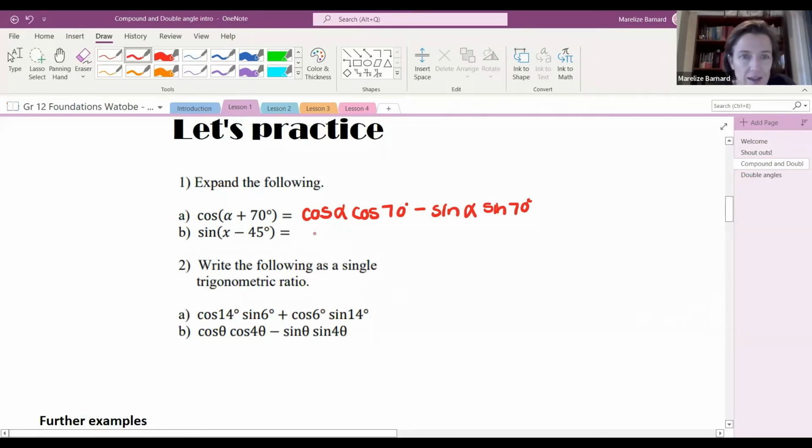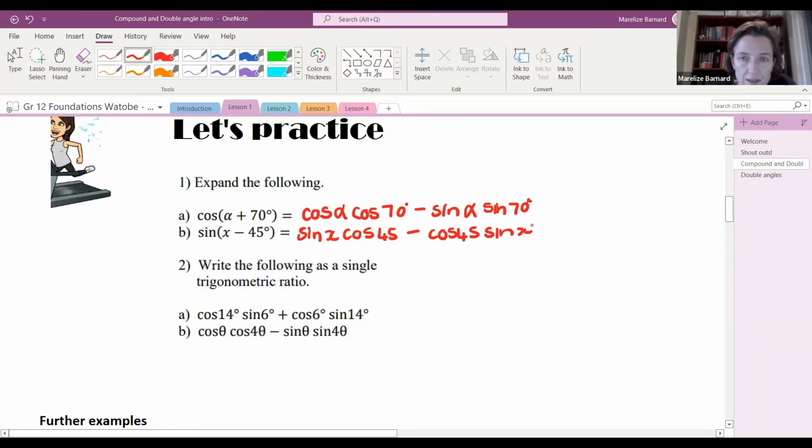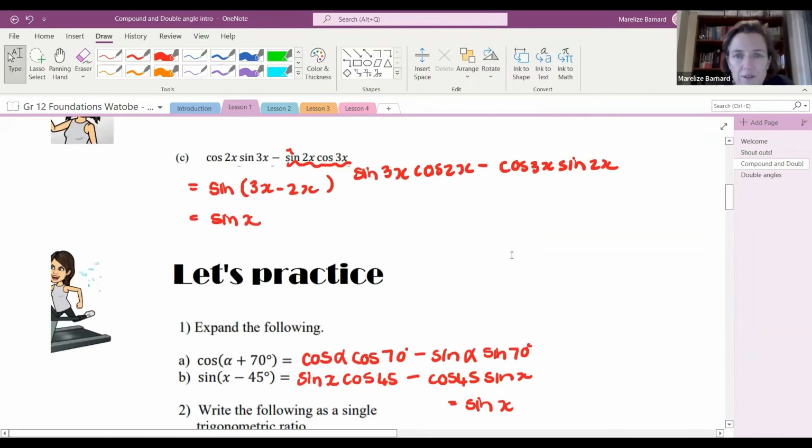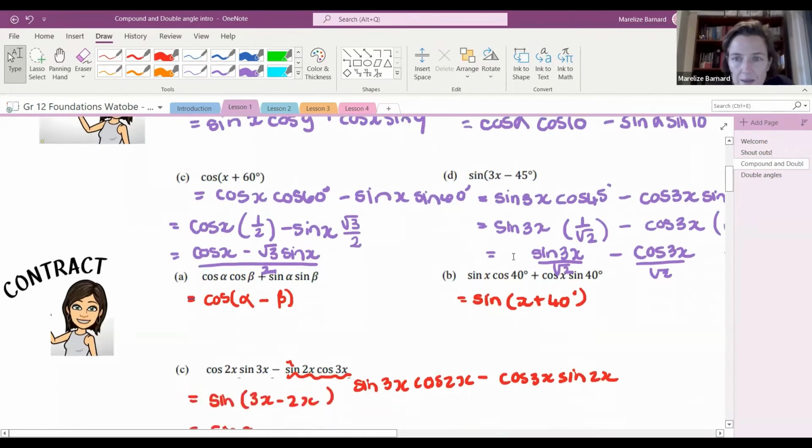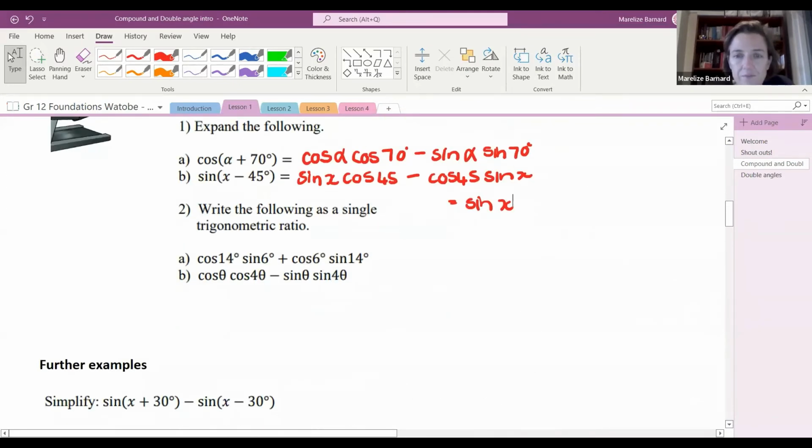So sine x minus 45, sine A minus B. So we're going to go sine x cos 45 minus cos 45 sine x. Okay, and then cos 45, I think we just had cos 45, didn't we? Oh, we had 60. Oh, yeah, and these are 45.